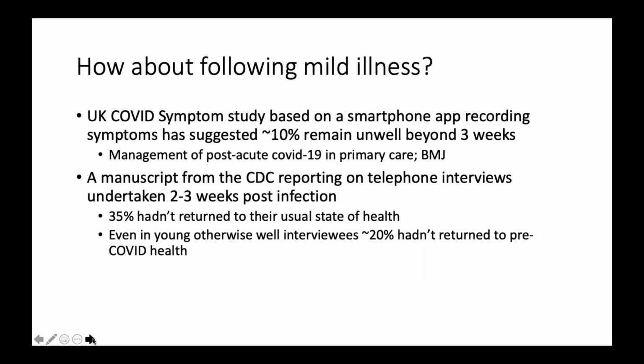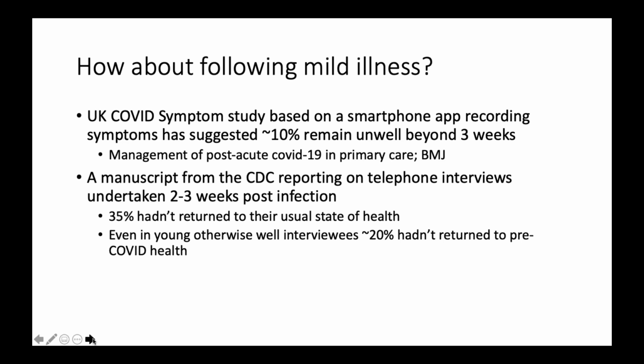What we know about mild illness is a bit harder to pin down. There's a big UK COVID symptom study using a smartphone app, which records self-reported symptoms. There's nothing published formally as yet, though there's a lot on their website. It's an ongoing study, but the article in the BMJ talked about some of the results, suggesting about 10% remain unwell beyond 3 weeks.